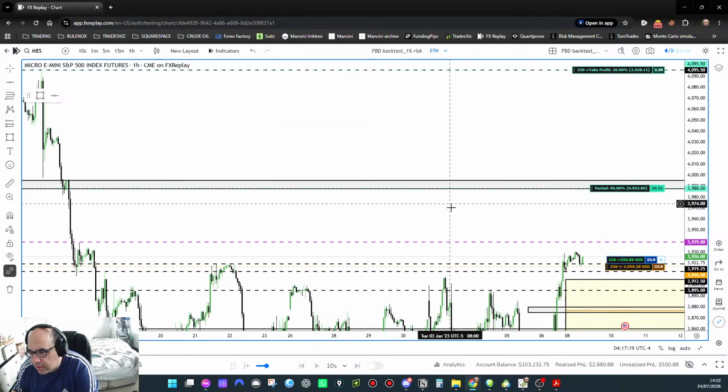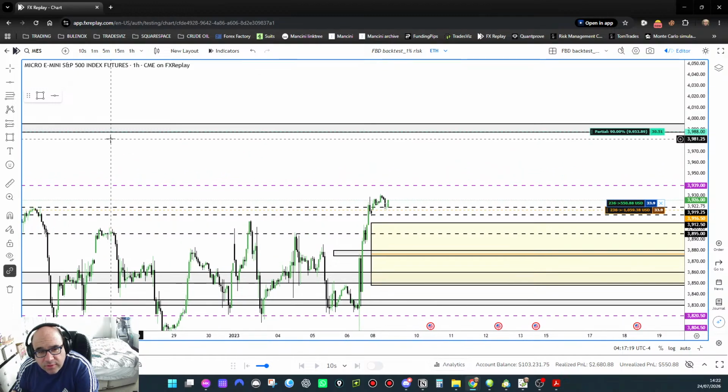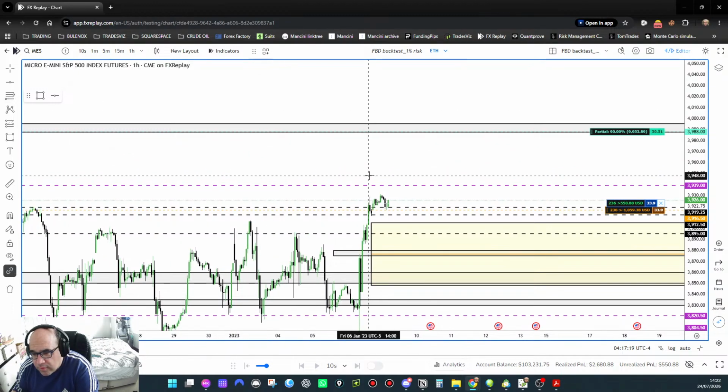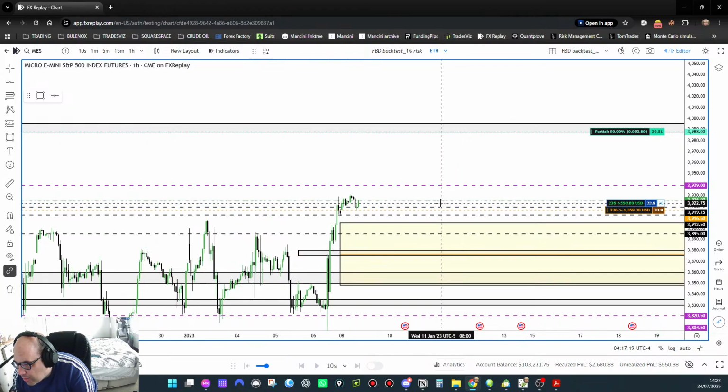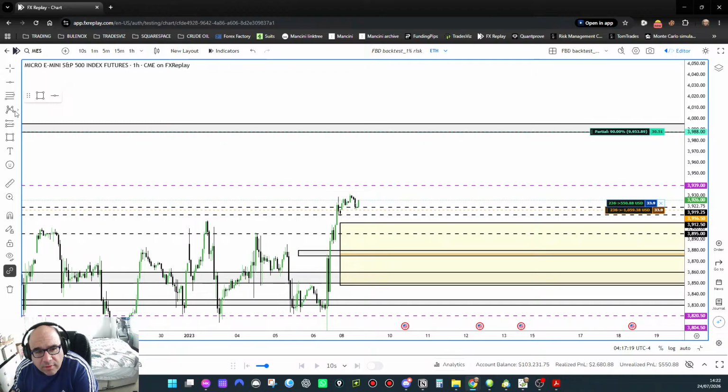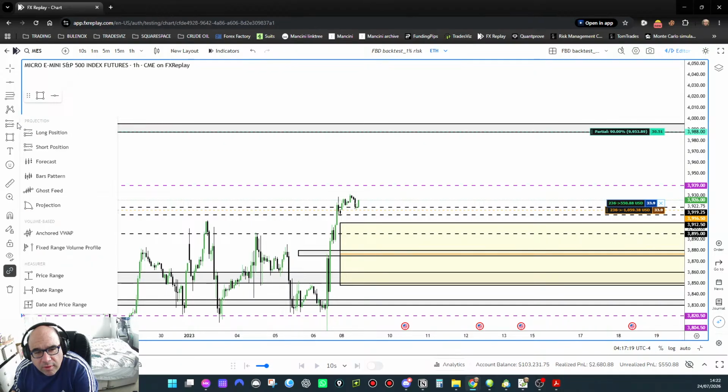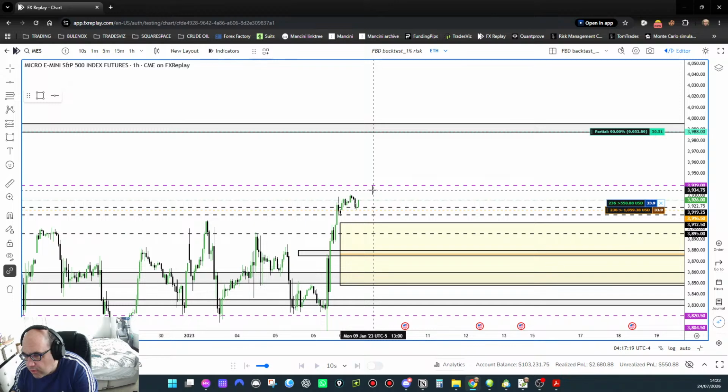So if that trade works for the long position, I think our entry point is about 39.26. So this is our entry point. Long position, 39.26.